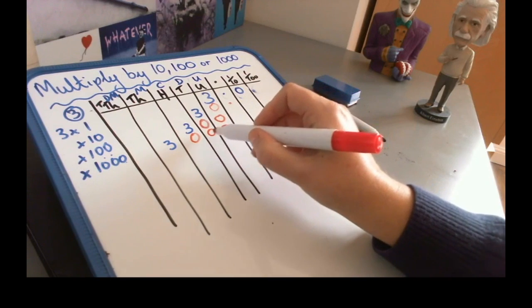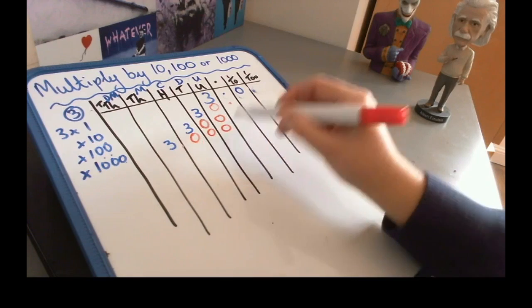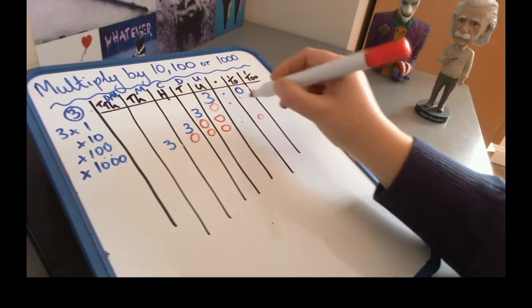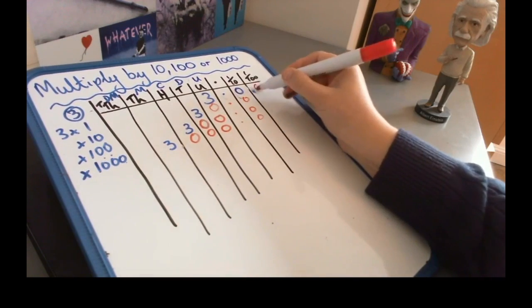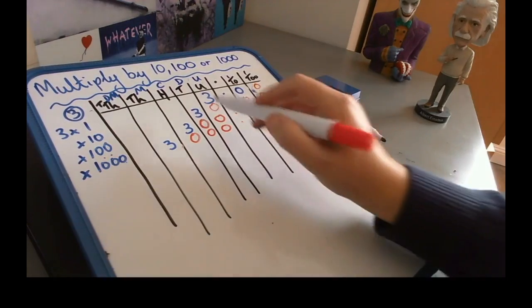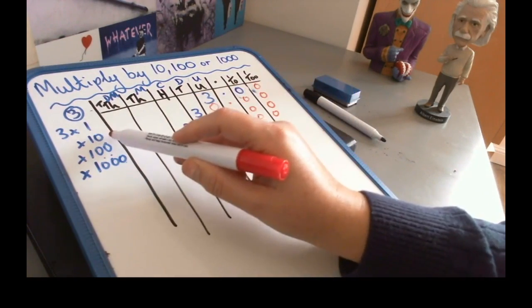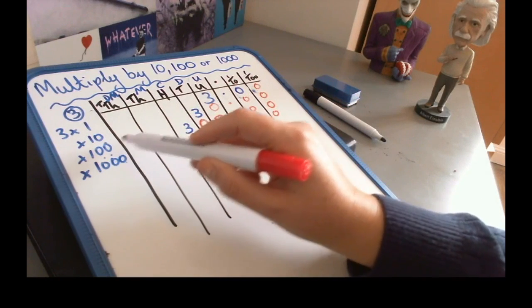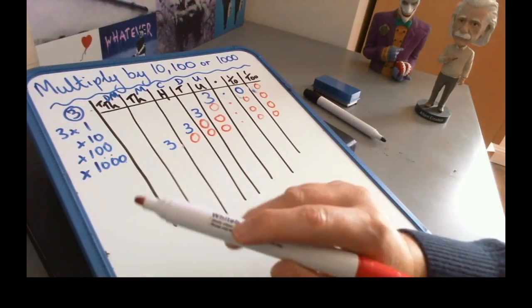I like to show it with the marker for 1,000. This is 3,000. I can put the decimal place in and put the zeros in here. I can even put them there if I want, but it really doesn't matter. 1 multiplied by 3 is 3, 10 times bigger is 30, 100 times bigger, 300, 1,000 times bigger, 3,000.